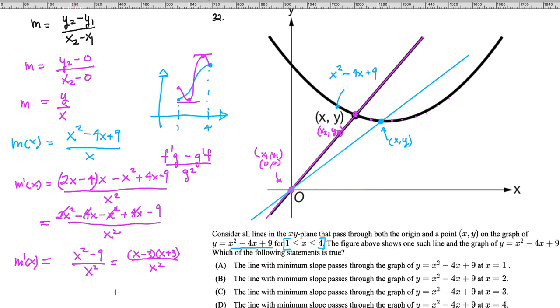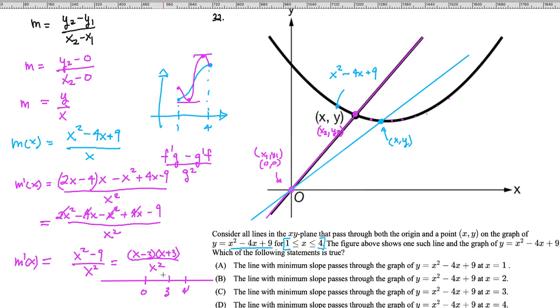So let's draw a basic number line. Let's see if it really does attain a minimum at that value. And you want to check to make sure that that minimum is smaller than your endpoint value, because you could have something like this. So I'll show you. Let's say it's 0 here, and then 3, and then 4 right over here. Okay, so here's my line.